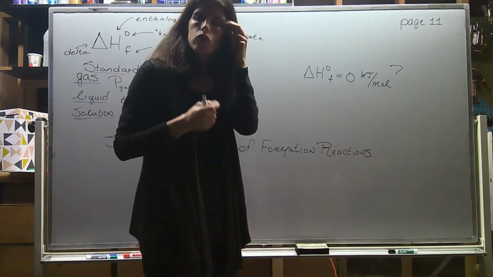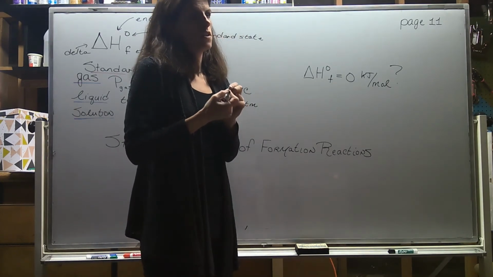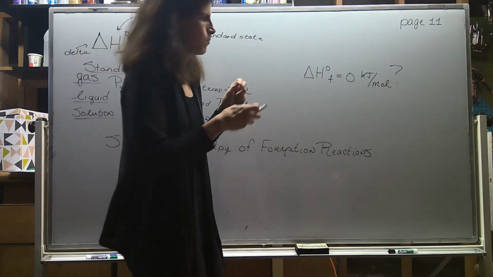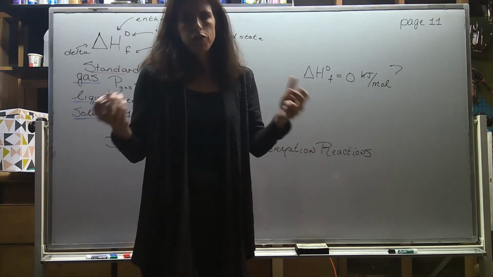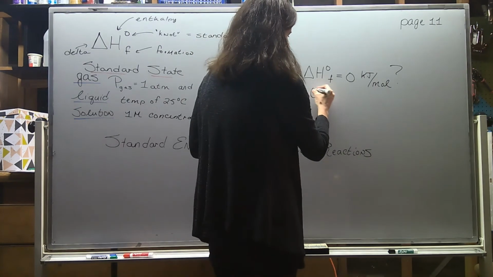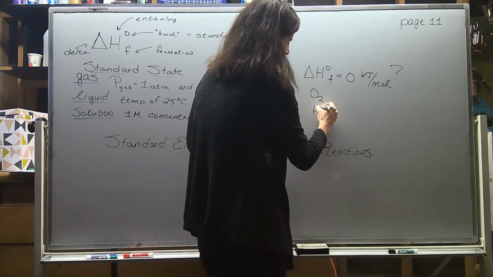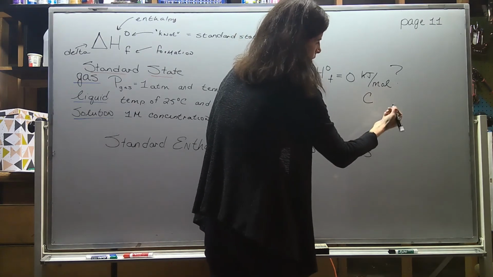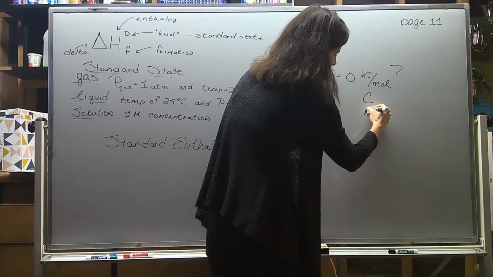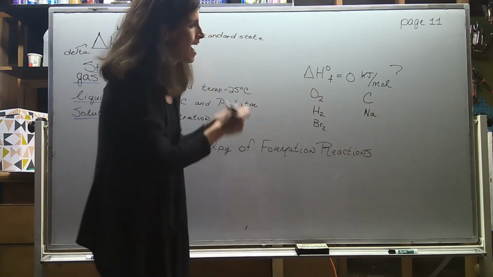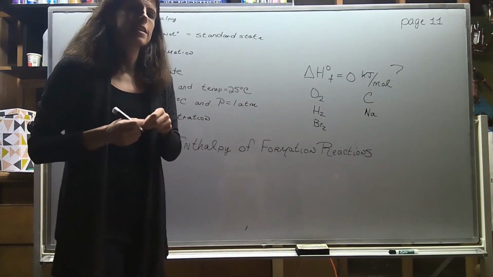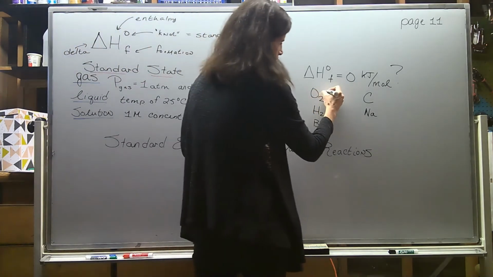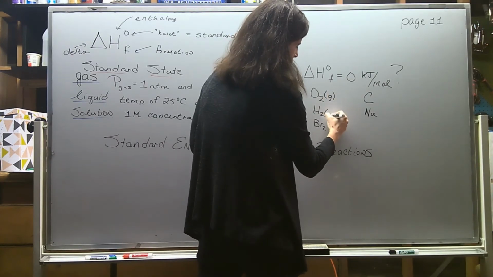We have a bunch of 0 values, and when the enthalpy values were developed, they decided that elemental things, so oxygen, hydrogen, bromine, solids like carbon, sodium, anything that's elemental in its natural state at room temperature, 25 degrees Celsius, so oxygen gas, hydrogen gas.